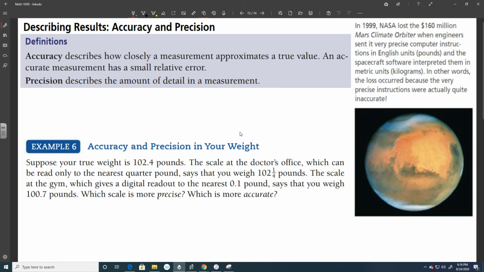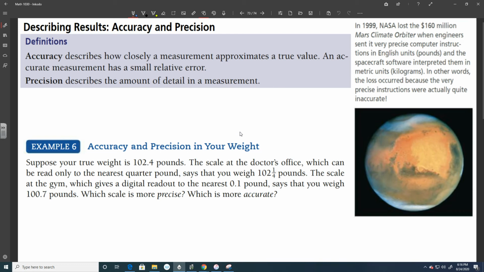And I love this example about the Mars orbiter, because in 1999 there was a problem with the orbiter. NASA sent very precise instructions to the orbiter. It needed to make some adjustments, and they sent it a measurement in weights.